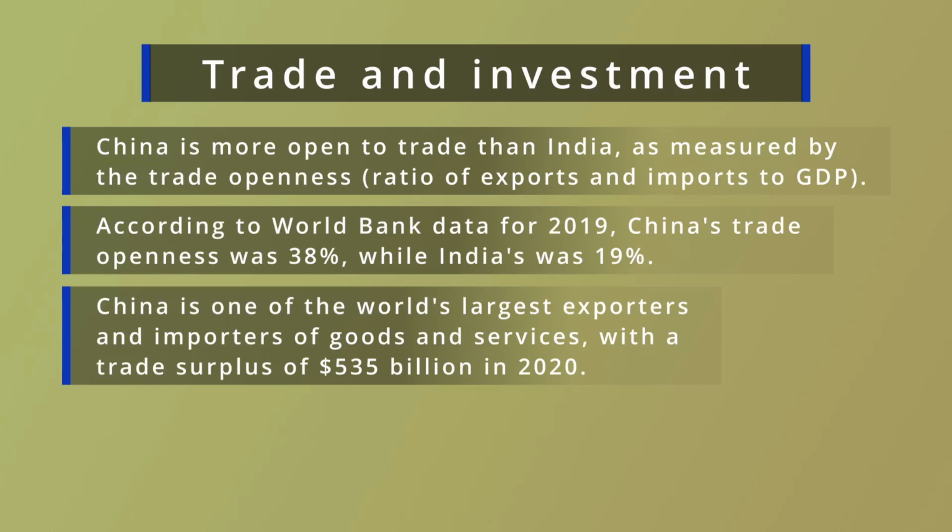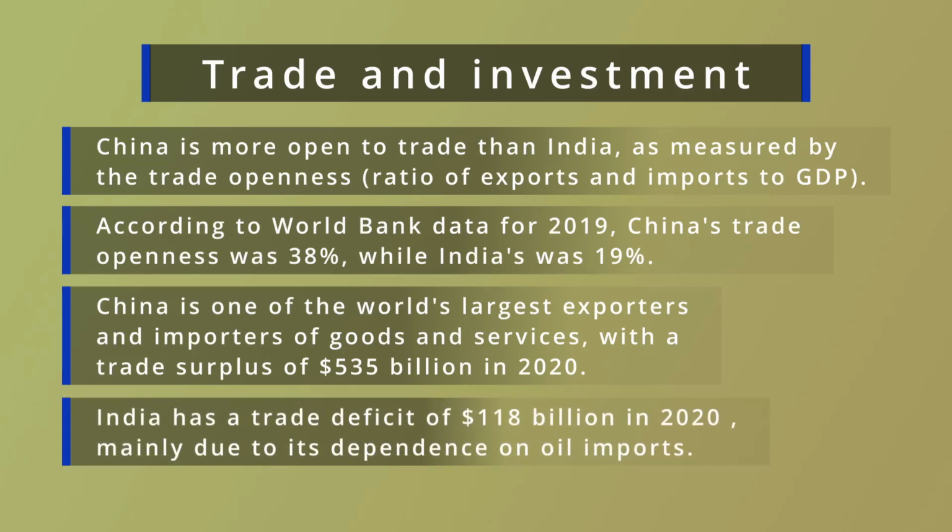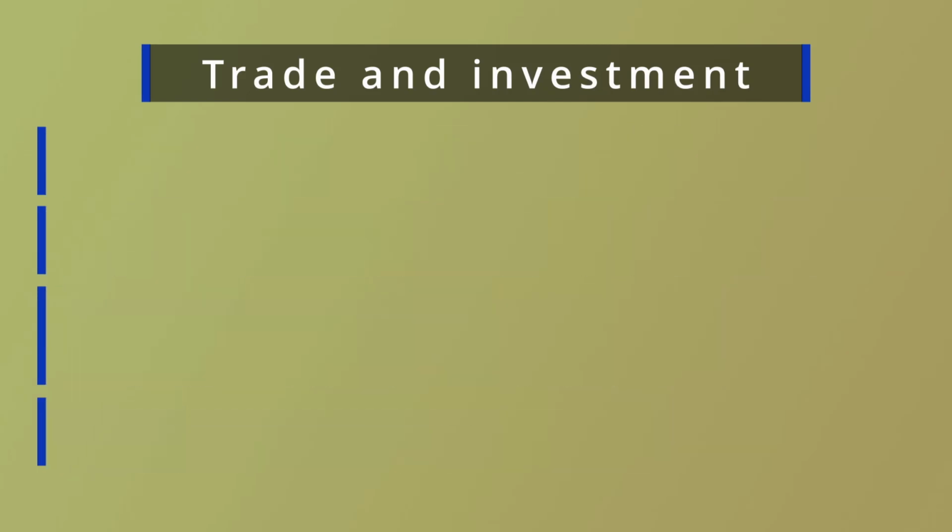Not only that, China is also the largest exporter as well as importer in the world, and it had a trade surplus of 535 billion in the year 2020, whereas India has experienced a deficit in international trade, and this deficit was $118 billion in 2020, mainly due to the huge import of petroleum or oil products.